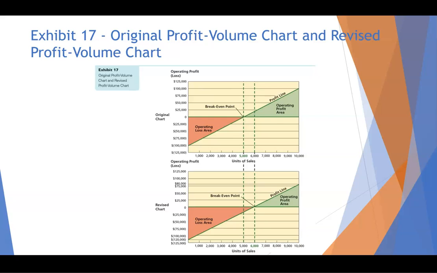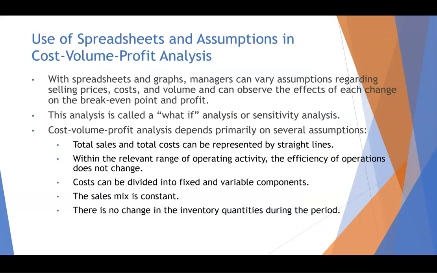The operating loss area of the chart has increased while the operating profit area has decreased. These assumptions really simplify cost-volume-profit analysis. Because they're often valid for the relevant range of operations, cost-volume-profit analysis is very helpful for decision making.